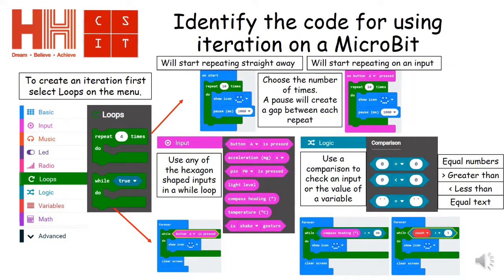In the two pieces of code I've used as an example, you can see that in the first one, both of them have been put inside forever loops to start with, and then we've got a while loop with a compass heading is equal to 90 degrees, and then we've got an icon that's shown when it is, and we've got a variable that we're looking for to be greater than 5 for a happy face to be shown. Obviously, in this case, you would have to create the variable first before you can use it to do a comparison.